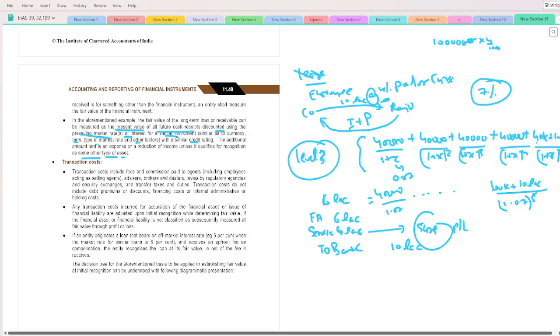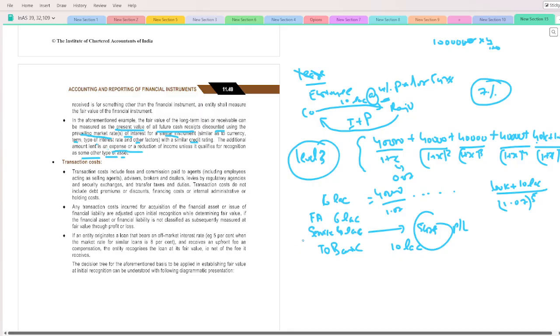Okay. So the fair value of the long-term loan or receivable can be measured at the present value of all the future cash receipts discounted using the prevailing market rate of interest for a similar instrument. Okay, the additional amount lent is an expense.